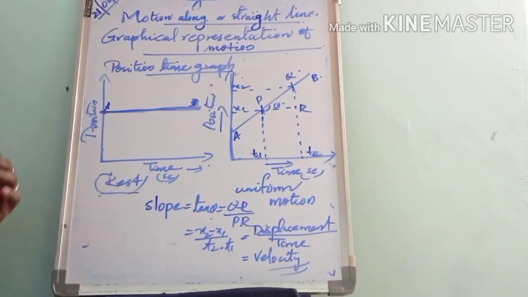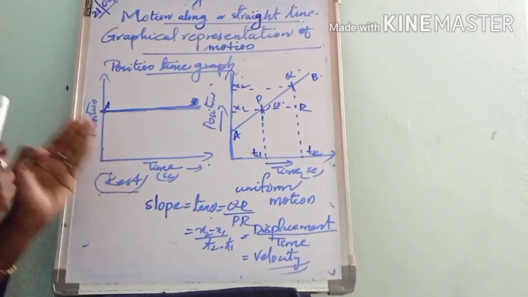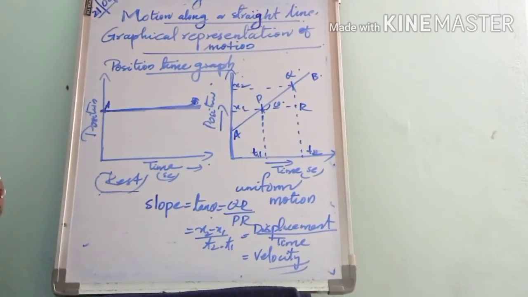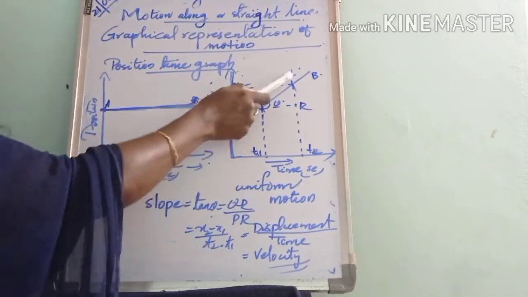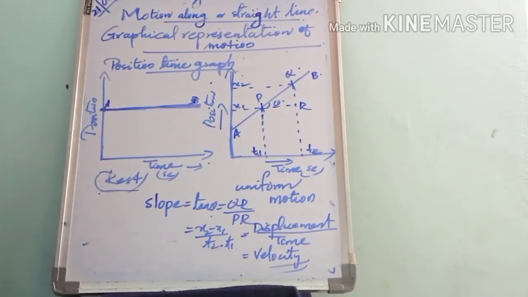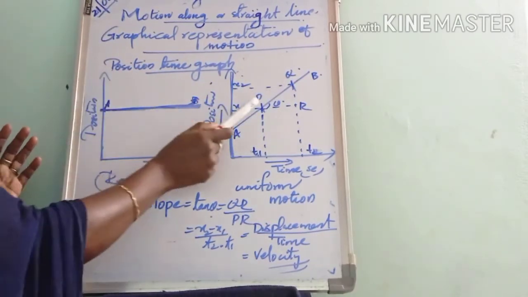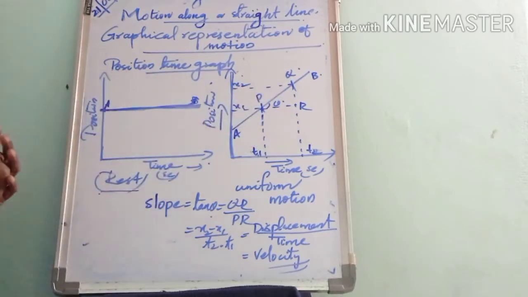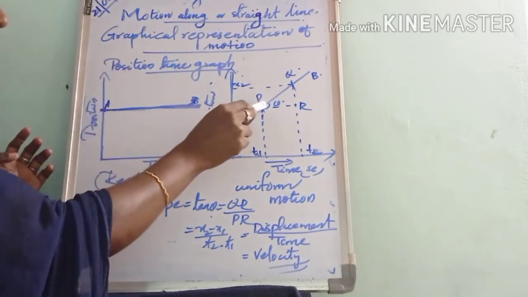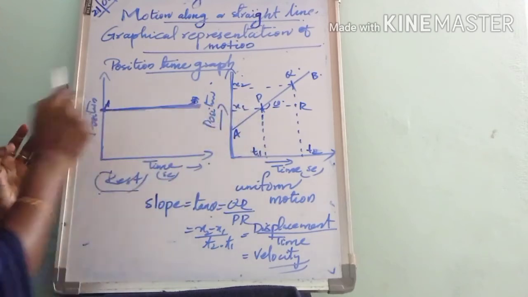From this position time graph we can calculate the velocity of the object. For that, we consider two points on the graph, P and Q. From the point P, we draw perpendiculars towards the x-axis and y-axis.